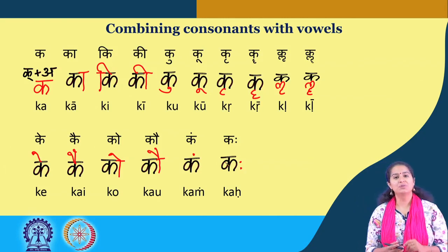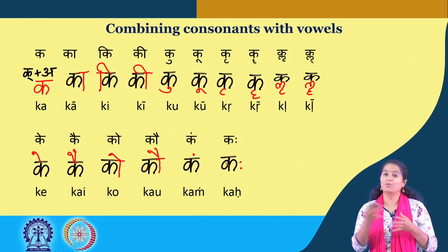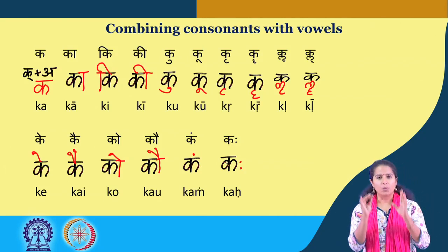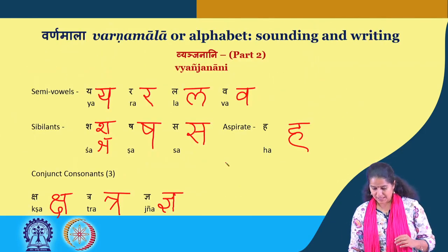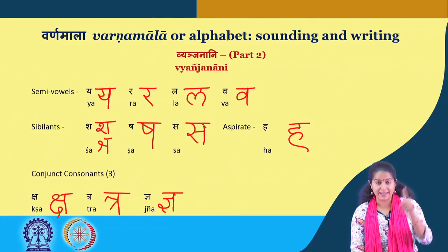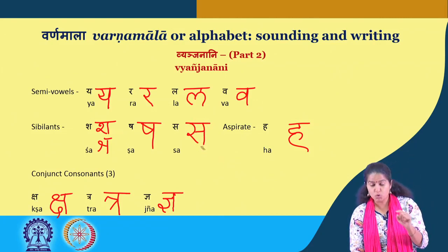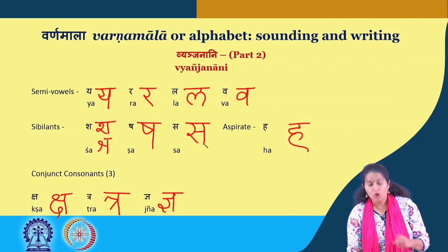What we would like you to do is to also try to practice it with some other letters. But one thing you have to keep in mind is that if you have a letter like, for example, the sh or the s, which have two heads touching the shirorekha and two points below, you have to make sure that the vowel will attach itself to the second part of it.